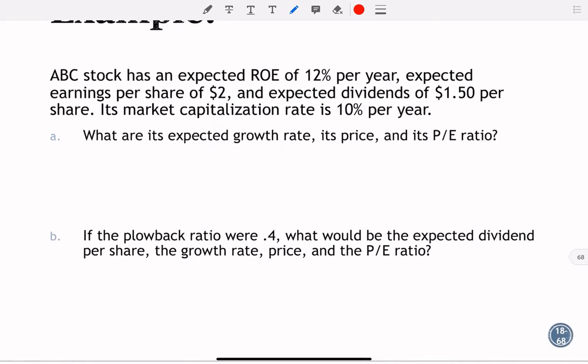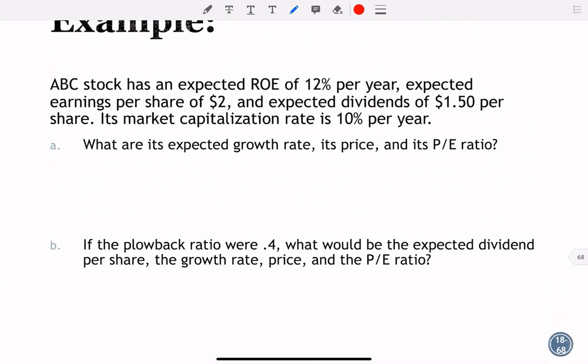Okay, now let's look at this example. ABC stock has an expected ROE of 12% every year. Expected earnings per share is $2, and expected dividends is $1.5 per share. Its market cap rate is 10% per year. The first question asks its expected growth rate, its price, and its PE ratio. So we start from G. We have learned G equals ROE times plowback ratio.